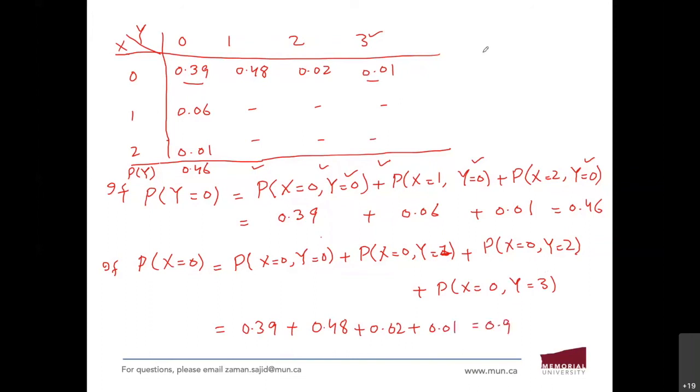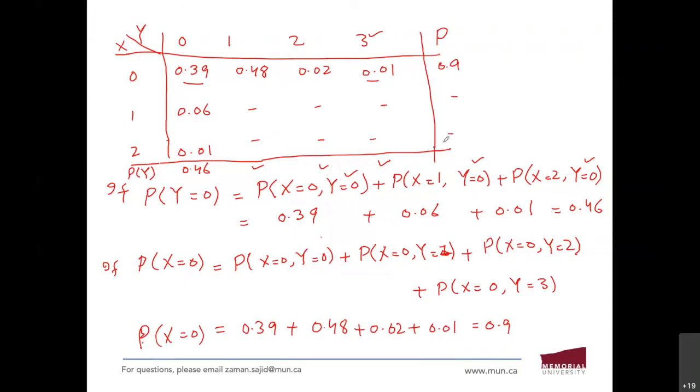So on the right hand side of this one, I have the marginal probability values. This particular value is at x is equal to 0, the marginal probability distribution of x is equal to 0. With a similar procedure, you will have one value here, one value here.